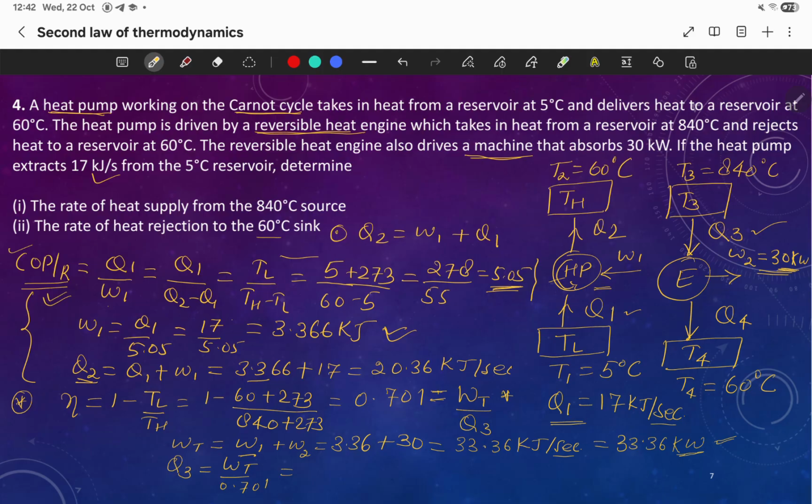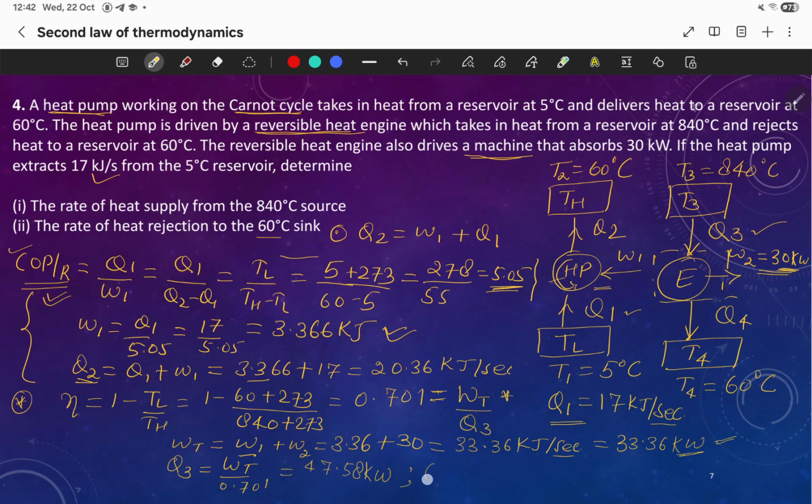So now do this calculation. W total is 33.36 divided by 0.701. So we will get Q3 as 47.58 kilowatt.